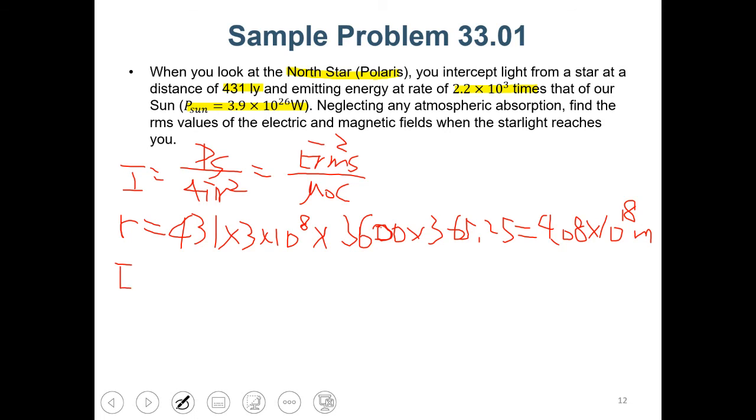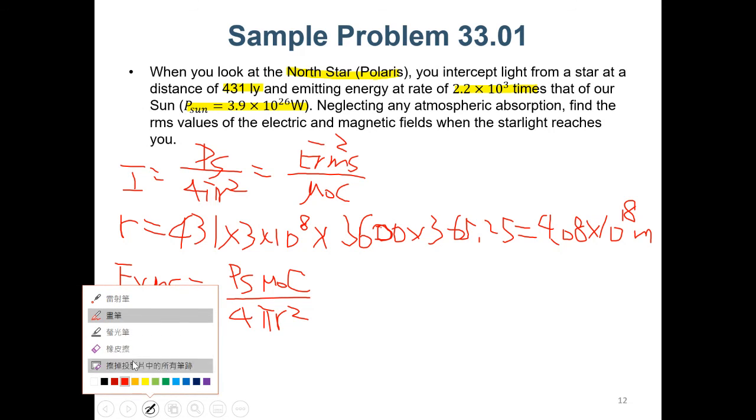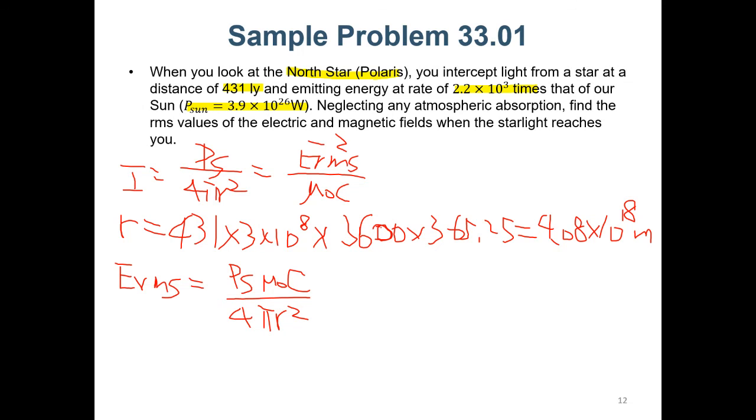So actually we have E RMS to be the square root of Ps mu naught C over 4 pi r squared. Actually we just put this one to be here, and then take the square root.